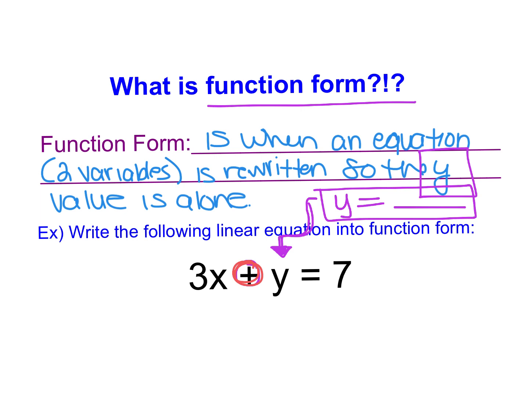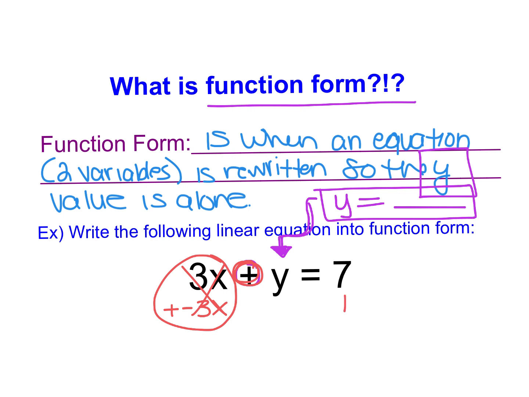So if I want to undo an addition, I know that I undo an addition by using subtraction or by adding a negative version of that number. So here, if we add negative 3x, or subtract 3x, from each side, this actually becomes 0. 3x plus negative 3x is a 0x.